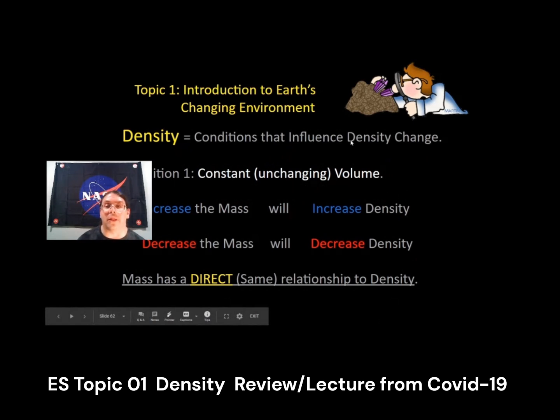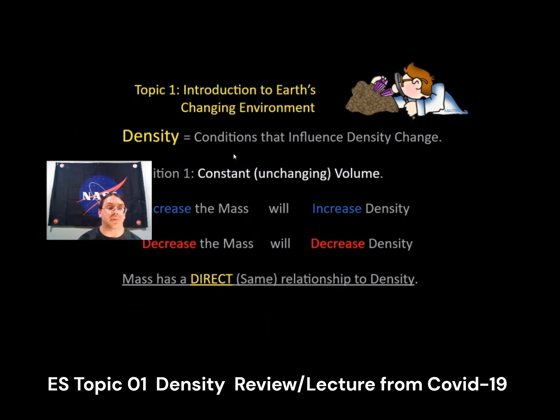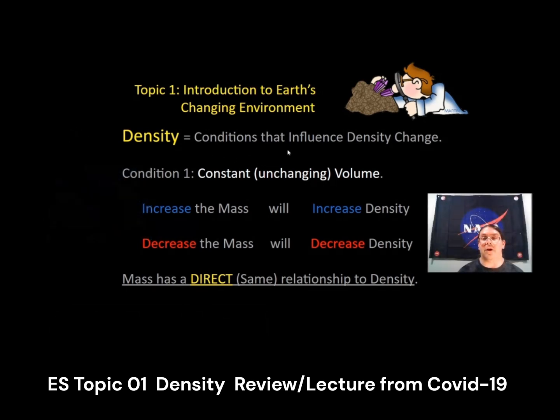Now we want to look at relationships, and I think it'll be easier if I go over the relationships with you. But here you have the relationships. When you have mass increasing and the volume remains constant, the density increases. If the mass of a certain volume decreases, then the density will decrease, all when the volume remains the same.